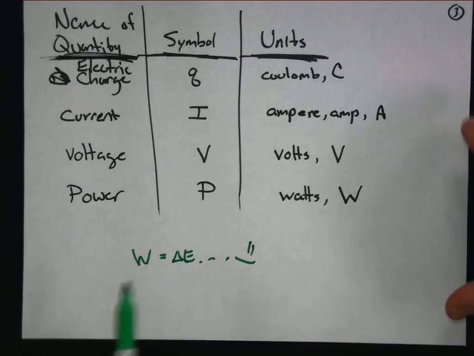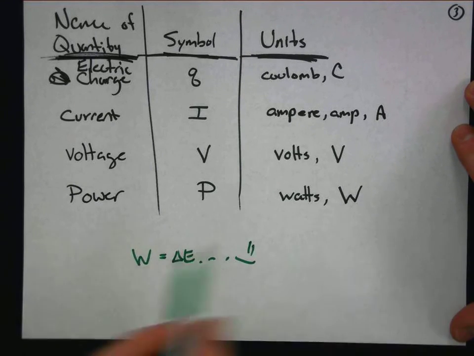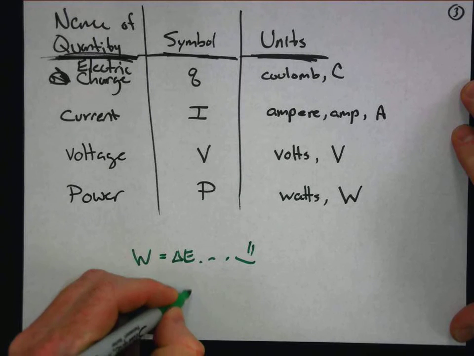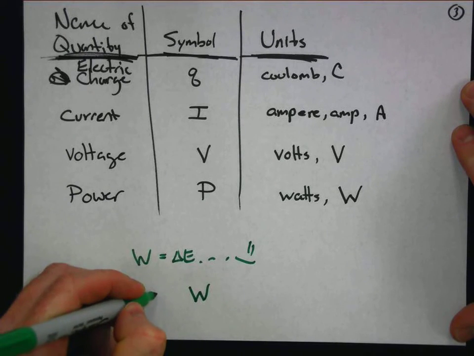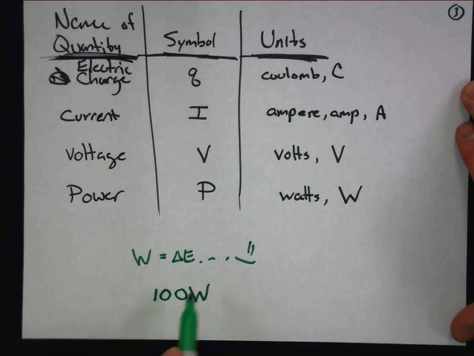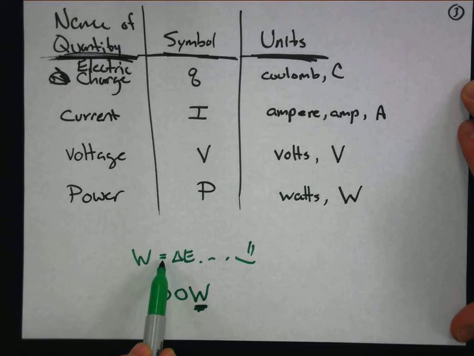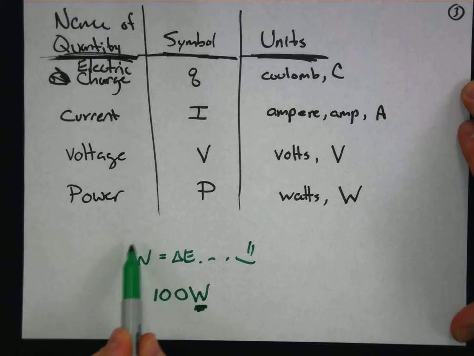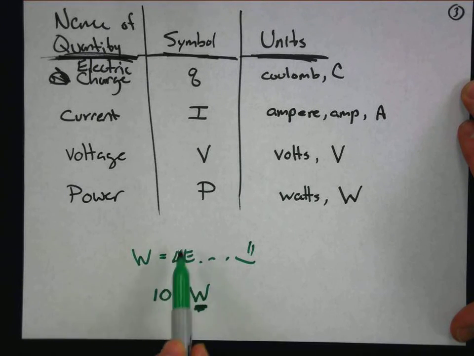Here's how you tell the difference with this one in particular. If you see a number in front of the W, let's say you've got 100 capital W, then that makes this the unit, not the symbol, right? If you see no number and an equal sign, so it's just the capital W all by itself, and an equal sign, and then maybe some other stuff.